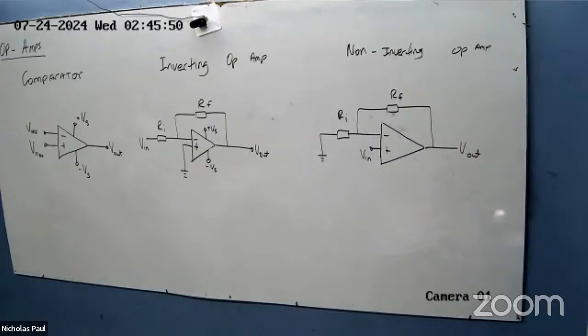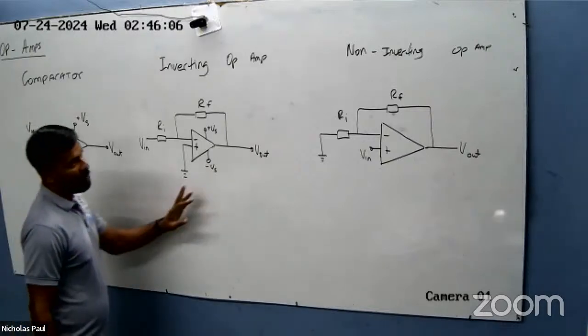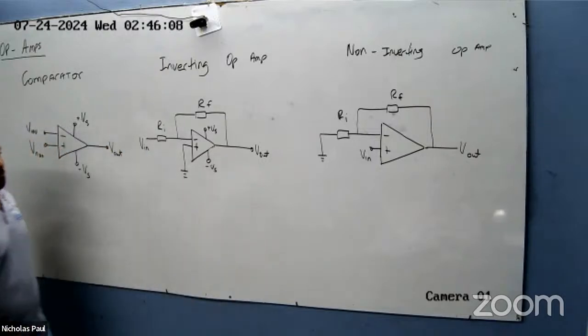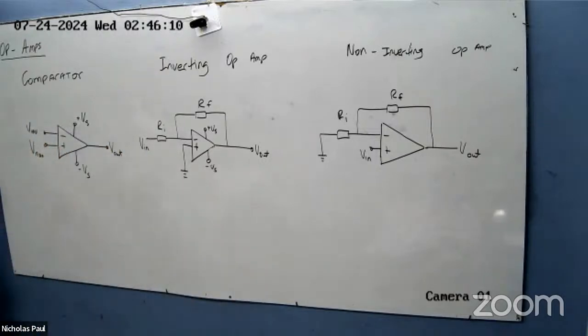Right, so those are the three different types of op-amps. We're going to focus on those three types. One is called a comparator. We're going to focus on that today. Then the inverting, and then we're going to look at the non-inverting. You'll recognize that.